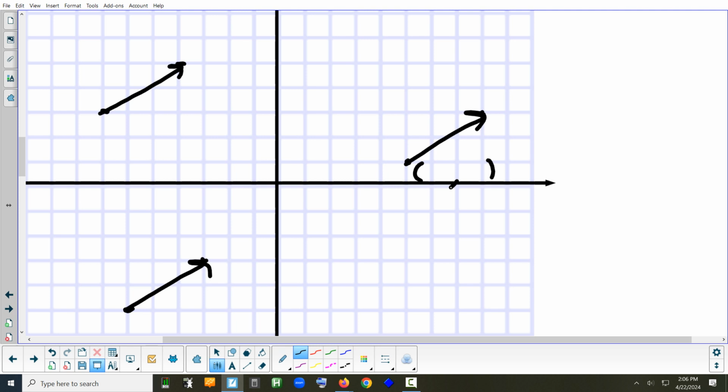What are the coordinates of where that vector starts? 5, 1. And how about where it stops? 8, 3. So if I just gave you those two pieces of information, starts at 5, 1, stops at 8, 3.